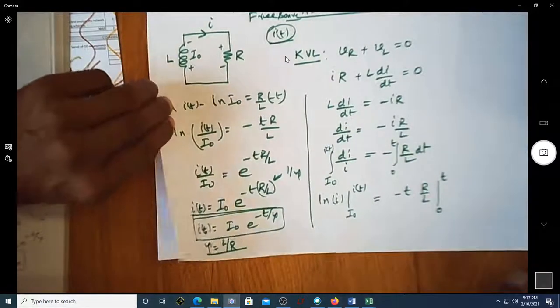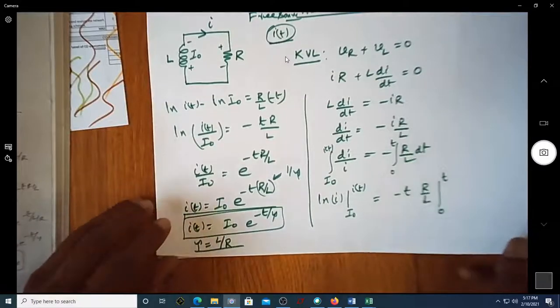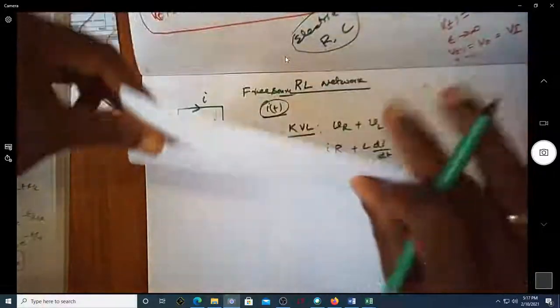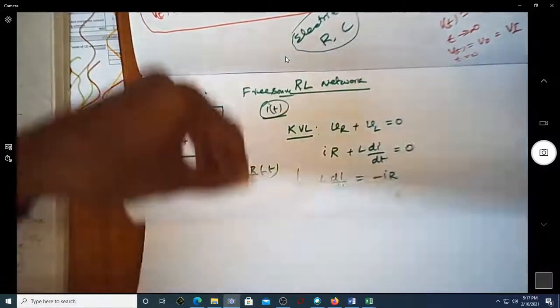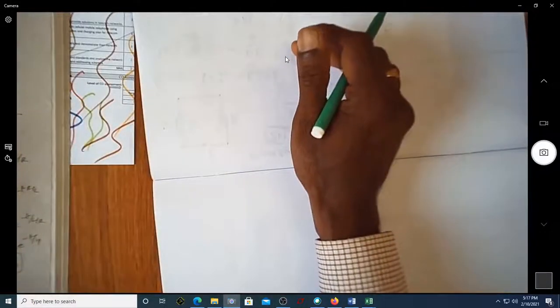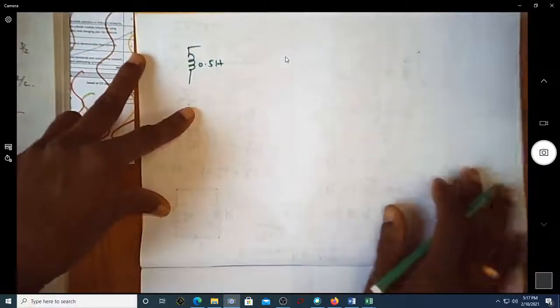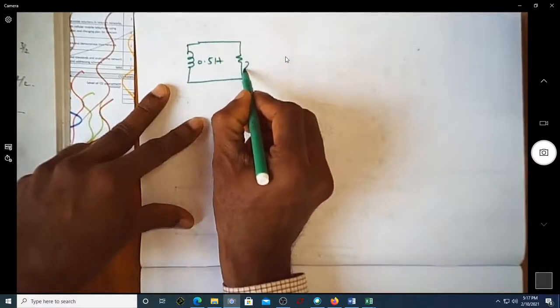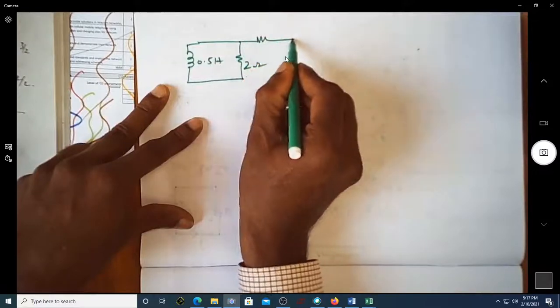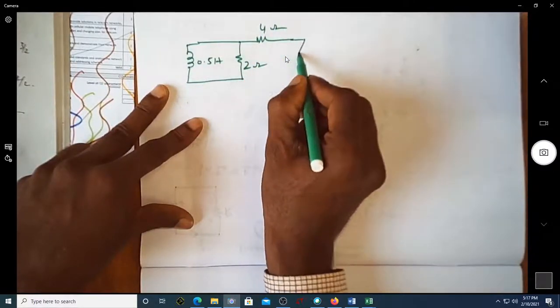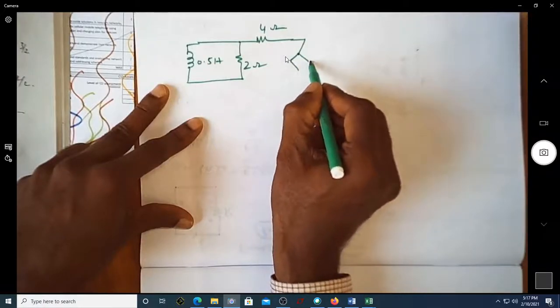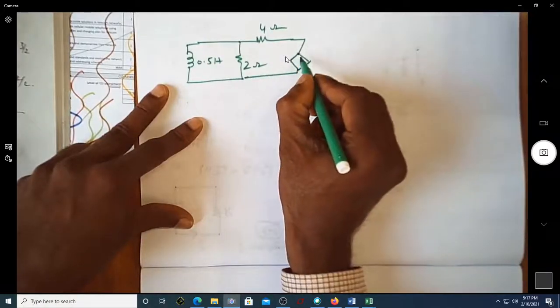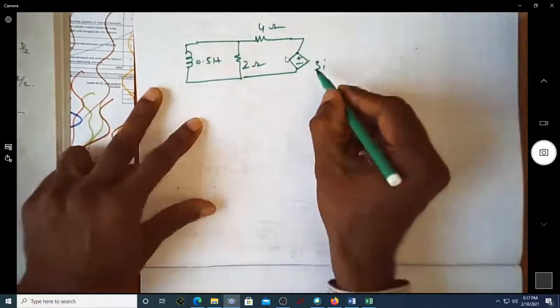Let us take up an example to understand this equation and get the current values for the given problem. Let us consider a problem where we have an inductor with value 0.5 Henry. This is my inductor, and I have a resistor of 2 ohm connected in parallel with this, and one more resistor of 4 ohm, and a dependent voltage source of 3i.